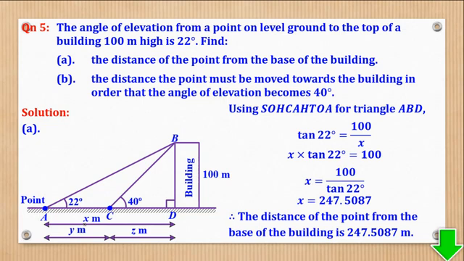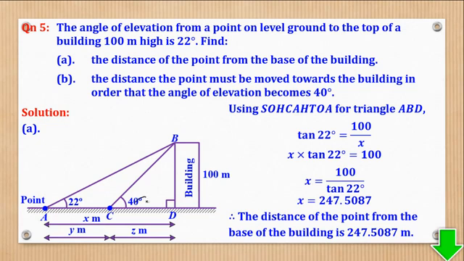The good thing, we know the value of x now. So if I get the value of z using this triangle, I can easily get the value of y, because y plus z is equal to x. So let's get the value of z.